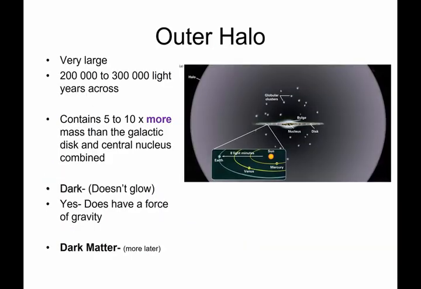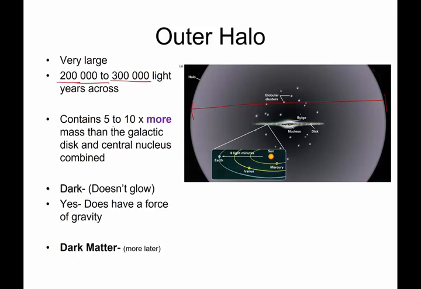Now, the outer halo is the huge structure that is very difficult to see. You have to have very good optics in order to see that. 200,000 to 300,000 light years across. And here's the thing that's wacky, and in the last 50 years has really kind of knocked astronomy on its ear.